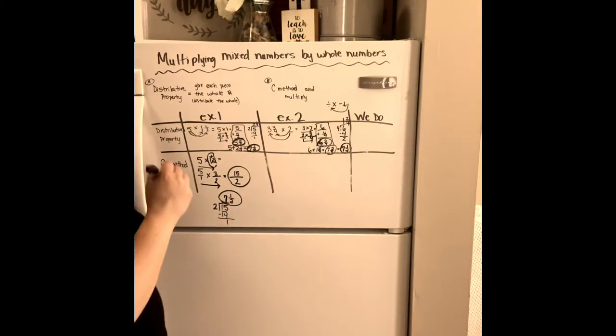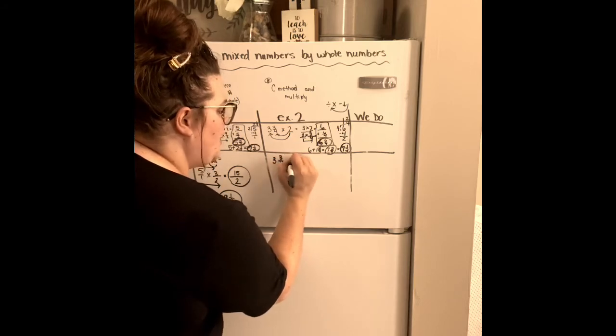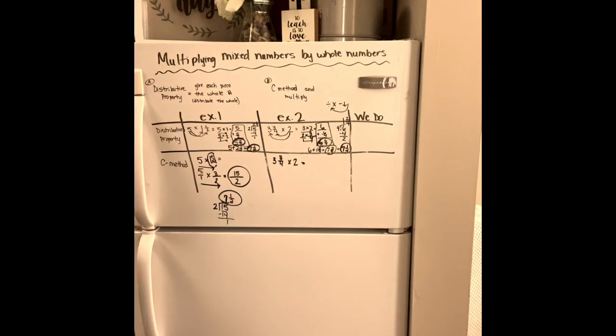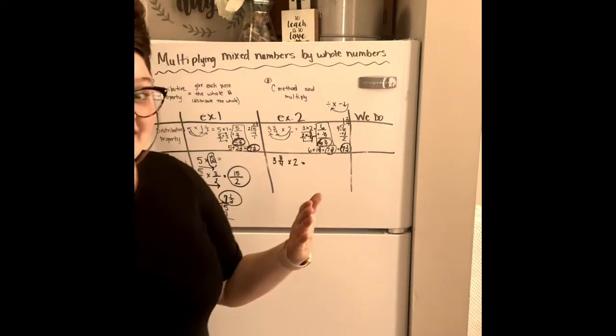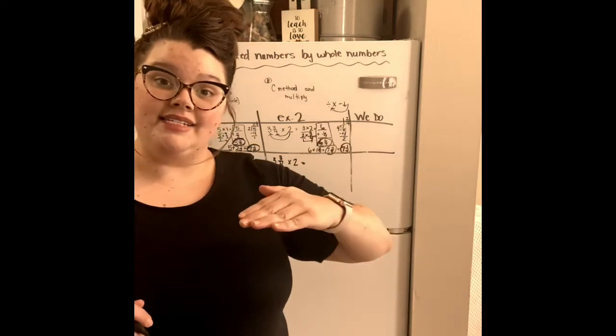All right, let's take a look at our last example. 3 3/4 times 2, okay? 3 3/4 times 2. Again, with the C method and with the multiplication of fractions, I just want numbers with numerators and denominators.